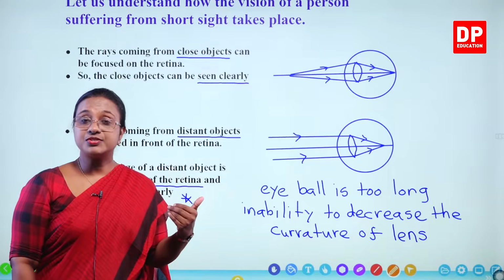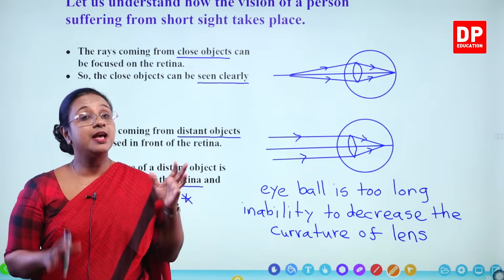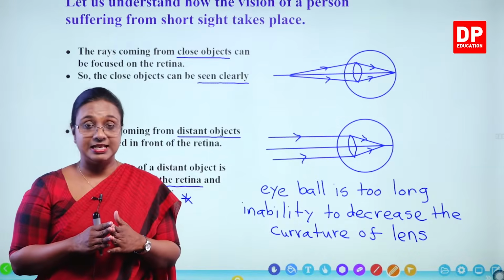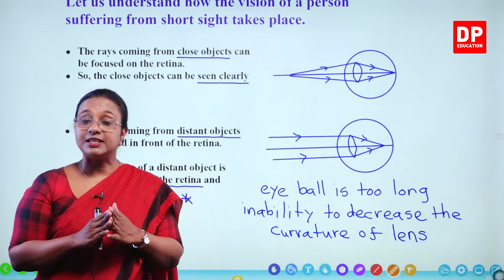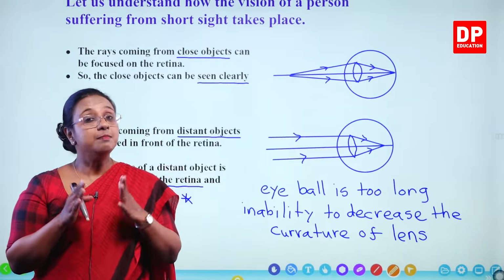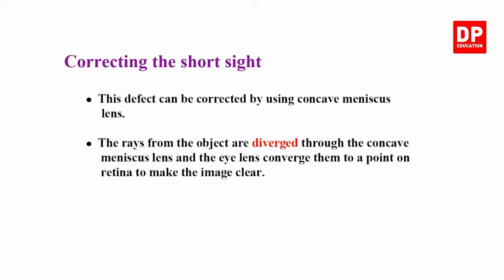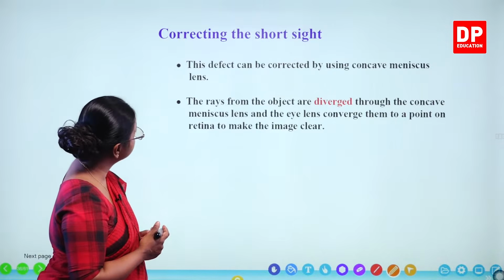Like correcting long sight, we can correct the short sight, but we need to use a biconcave lens. Or when we use spectacles, it's going to be a meniscus concave lens. So we will see how that can be done. Correcting the short sight.